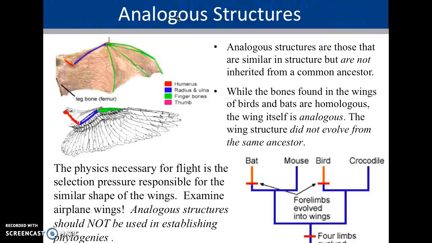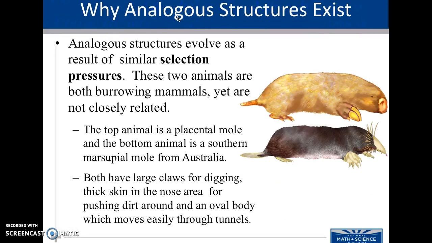Therefore, it's an analogous trait, and so this cannot be used to establish phylogenies, which makes sense, since a bat and a butterfly should not be on the same clade as a bird. They are going to be related to different organisms.